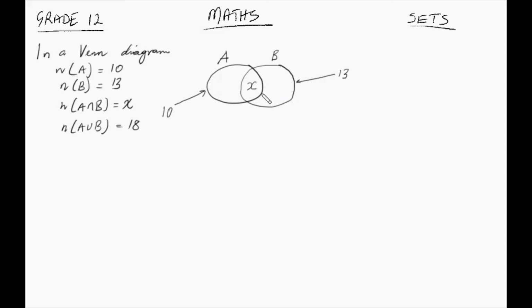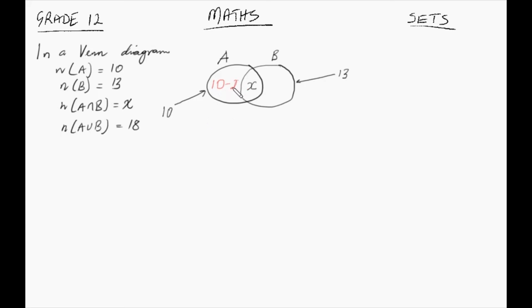In terms of x, if the total number of elements in this set is 10 and here we have x, then here we have 10 minus x.